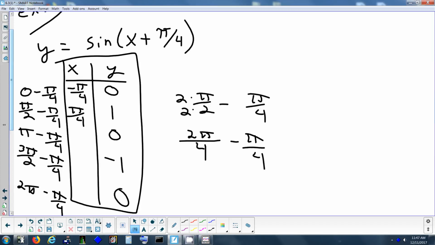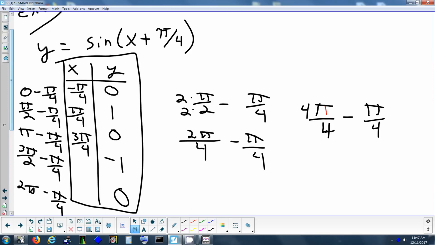Okay, let's do one more, but then I think after that you'll see the pattern. Pi minus pi over 4. Common denominator again, 4. So let's multiply the bottom by 4, top by 4. 4 pi over 4, take away 1 pi over 4. You get 3 pi over 4.